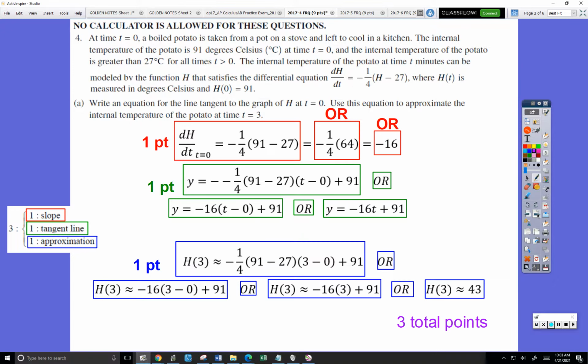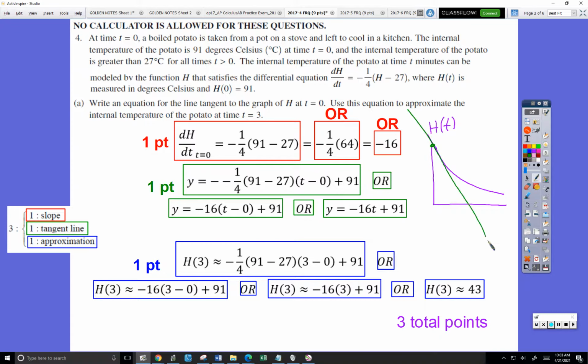So I think of my picture again. I've got h, that's my temperature. And in this case, it's different than my usual picture. The temperature is going down somehow. They want me to write an equation of a line tangent at time equals 0. So I go here. They want an equation of this line tangent at time equals 0.